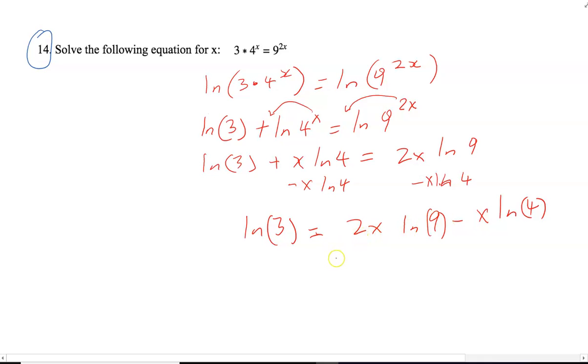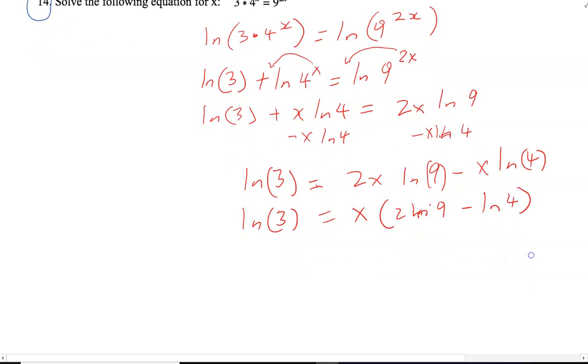If we factor out the x, we'll have x times 2 ln of 9 minus ln of 4 equals ln of 3.